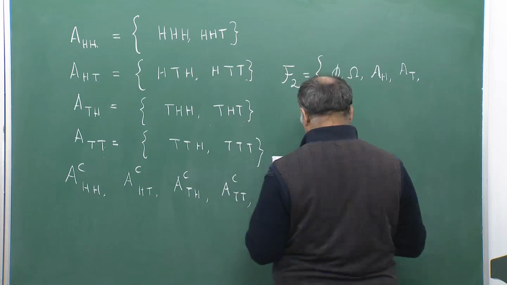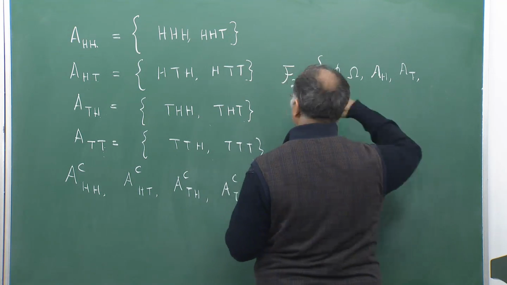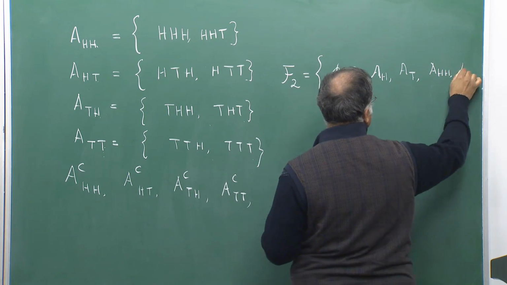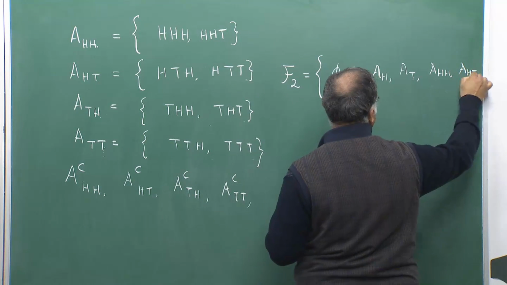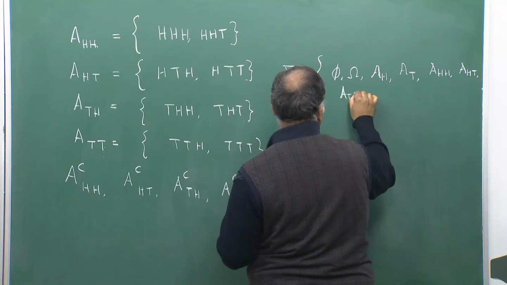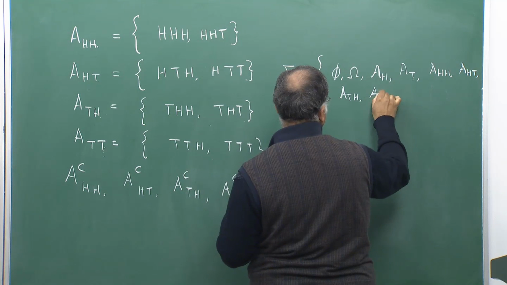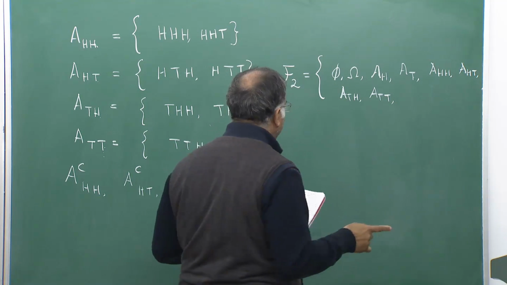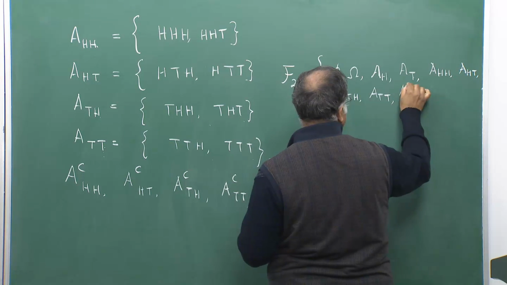You will also have these sets: AHH, AHT, ATH, ATT. Of course, then you have to line up their complements.